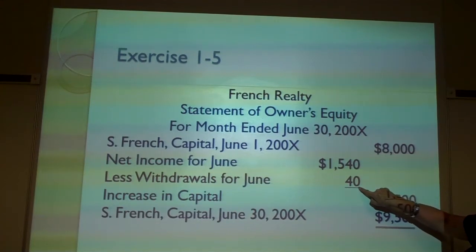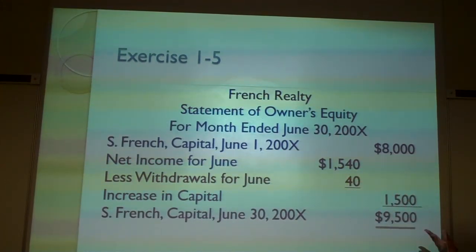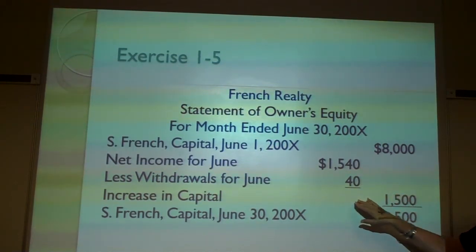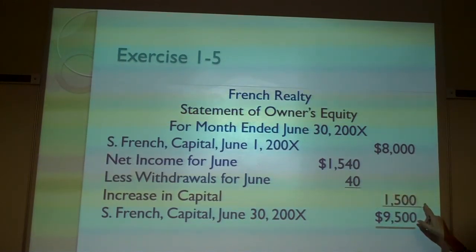Sometimes when we have a negative number, you'll see it in parentheses or in red. This is the subtotal of those, and then you add them together. Then we had an increase in capital even though we had the withdrawal there because we had a net income. And here's our ending capital. This number is the one that we have to put on the next statement.